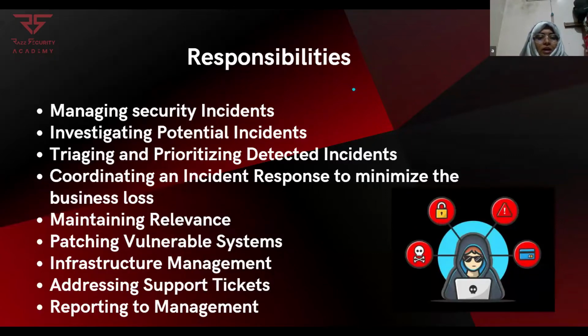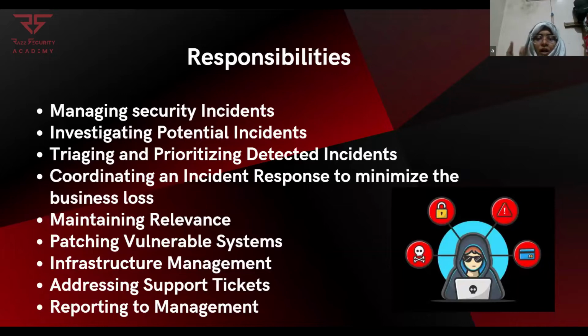And then up next, we have coordinating an incident response to minimize the business loss. What does this exactly mean? When you are trying to get the business continuity plan, as a SOC analyst, we must have a basic idea of how to respond to an incident. A SOC analyst is not just a small area where we see the incident, detect the incident, and finish off.